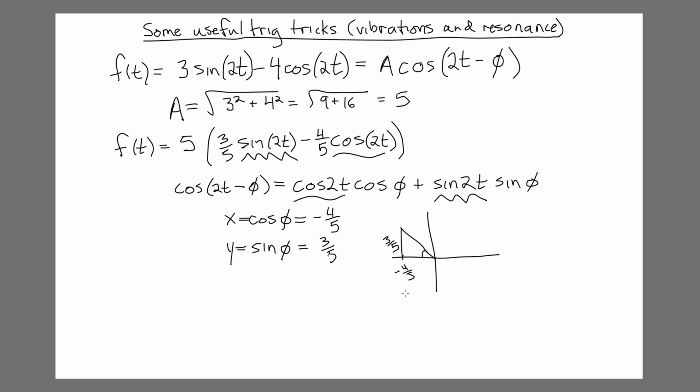And if you use your calculator to figure out what this corner value is, let's call that theta, then we find that theta is equal to 0.64 in radians. And so we need to determine what phi is, which is this angle here.